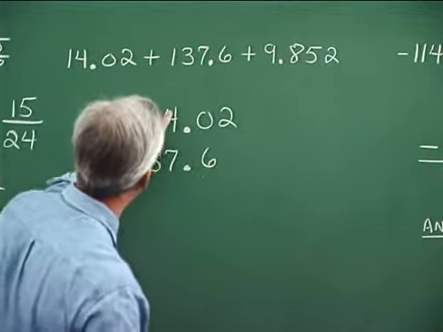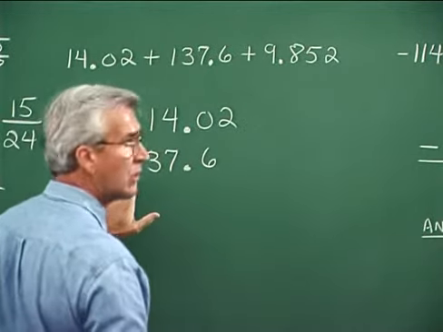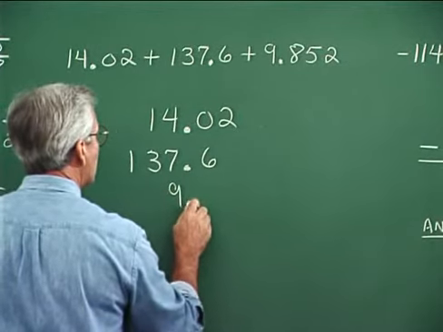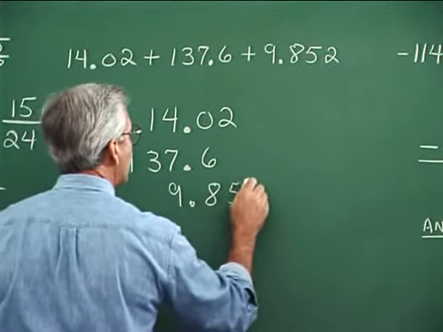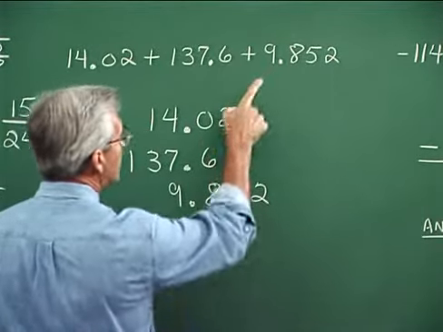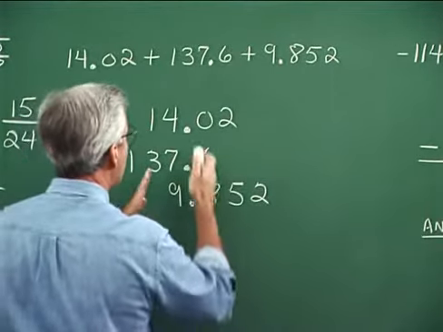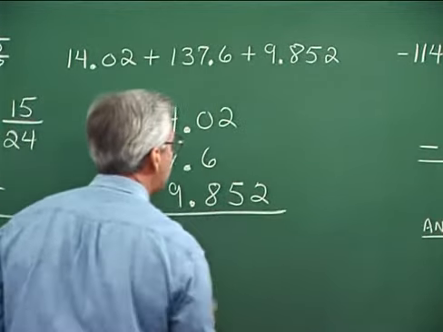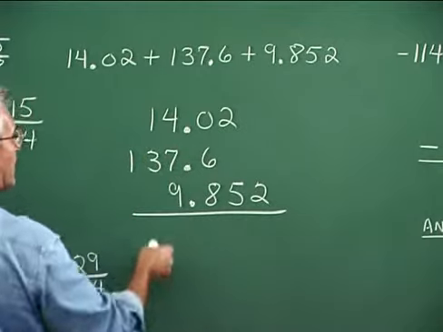Like here, where I'm trying to line these up. And then the 9.852, that's 9.852. Giving a little more separation between digits here than I did up there, to try to emphasize what I'm adding once I get to the adding step. So I'm just adding straight up and down here.